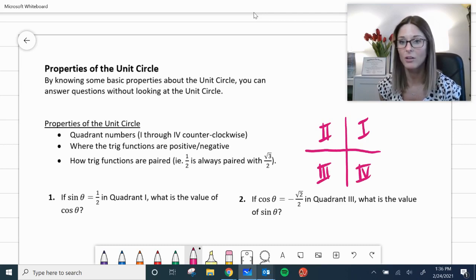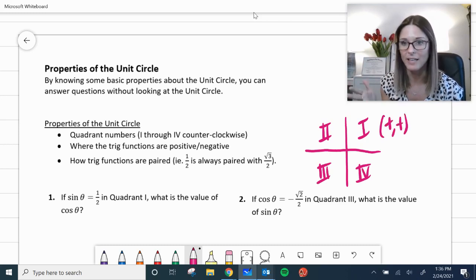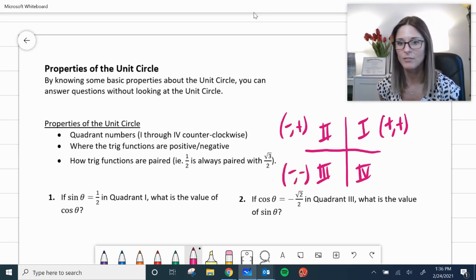It goes counterclockwise starting at the top. Remember, in first quadrant, your X and Y values, everything's positive. In the second quadrant, my X values would be negative and Y values would be positive. Third quadrant, everybody's negative. And in the fourth quadrant, you've got positive X's and negative Y's.